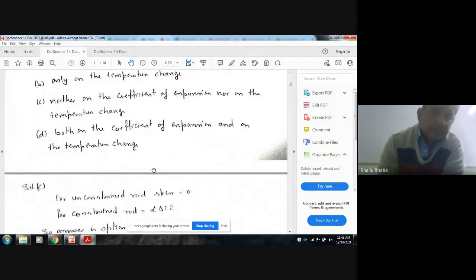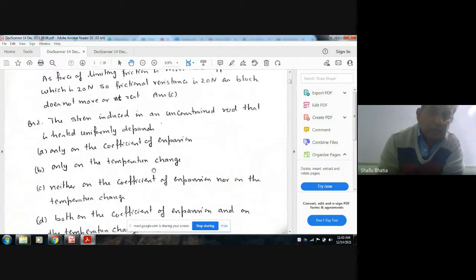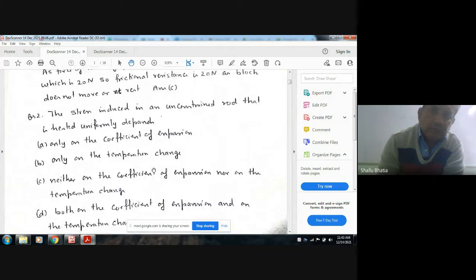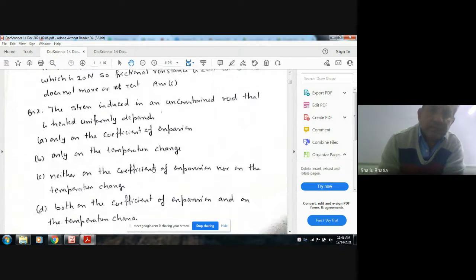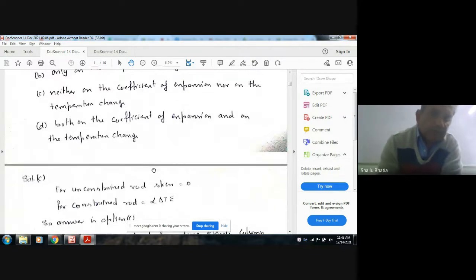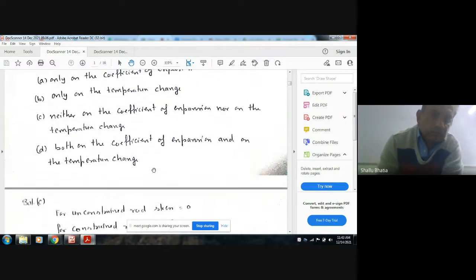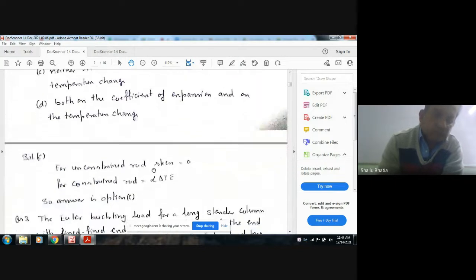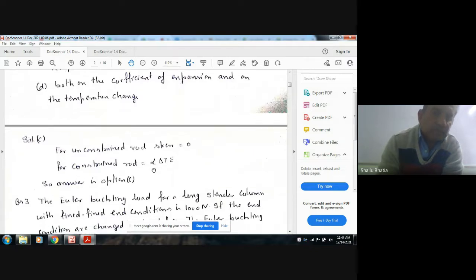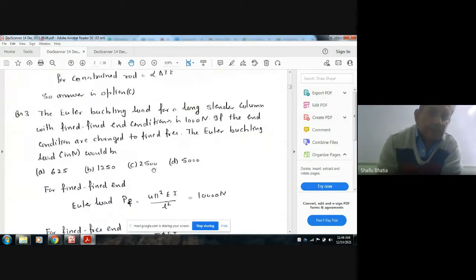As the rod is unconstrained, it is free to expand, so there will be no stress generated. So the stress in the rod will be zero. So the answer will be C, it depends neither on the coefficient of expansion nor on temperature change. But for a constrained rod, the stress is alpha delta T, then it is dependent on both. So the answer is C.